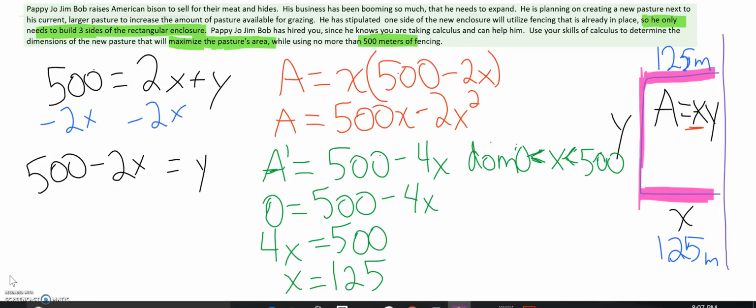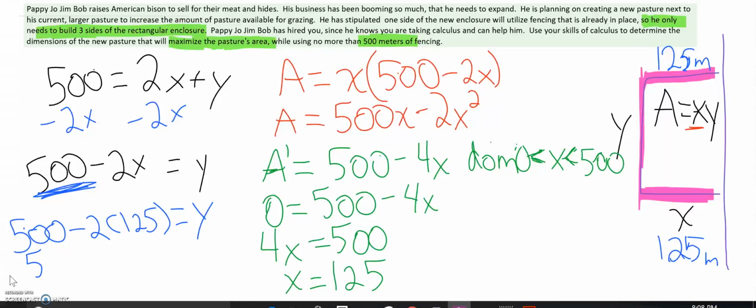And since we know that the total perimeter had to be 500, or in other words, y has to be 500 minus 2x, that's going to give me 500 minus 2 times 125 equals y, or 500 minus 250 equals y. So y, therefore, is equal to 250 meters.